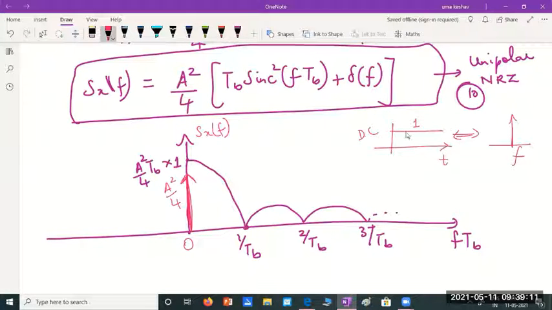A constant or DC signal in the time domain would be an impulse in the frequency domain. Therefore, whenever you have an impulse in the frequency domain, it represents a DC value in the time domain. So please understand, this unipolar NRZ signal is affected by DC.